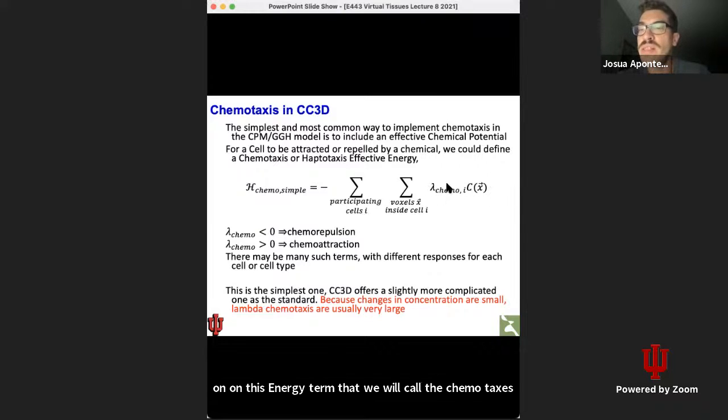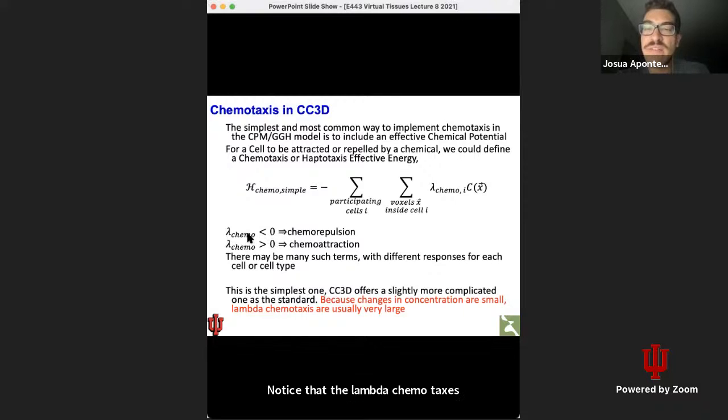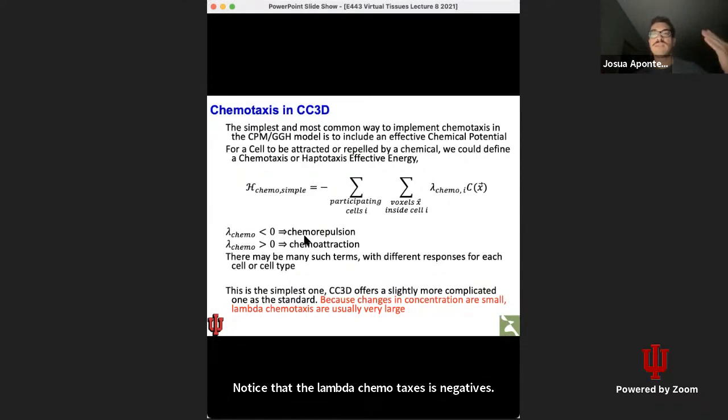And this chemotaxis energy term is going to be determined more or less by the lambda chemotaxis and the gradient of the chemical field. Notice that if the lambda chemotaxis is negative, then we are talking about a chemorepellent, because the cell will move in the opposite direction of the gradient. If the lambda chemotaxis is positive, then we're talking about a chemoattractant, and the cells will move up the chemical gradient.